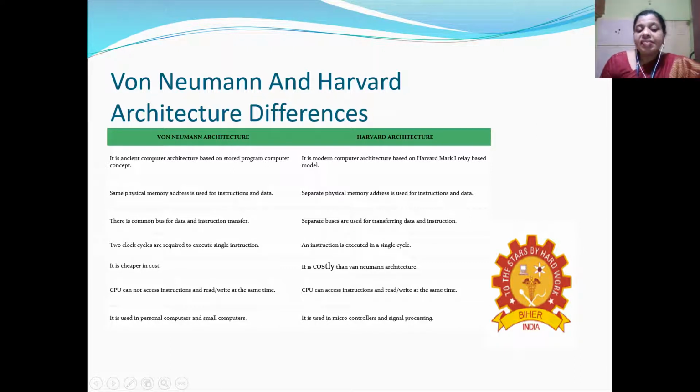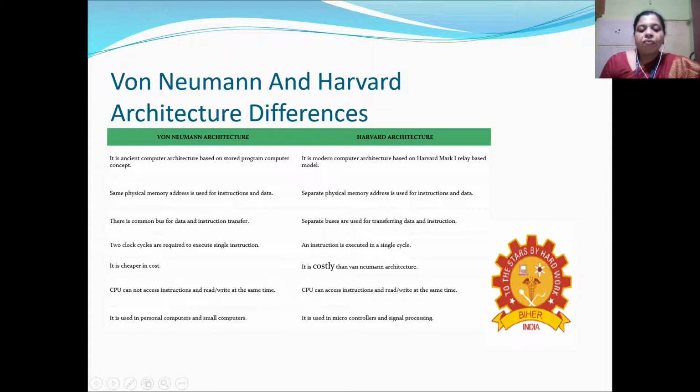For executing a single instruction, 2 clock cycles are required in von Neumann architecture, whereas in Harvard we require only 1 cycle. Regarding cost, von Neumann is cheaper, whereas Harvard is costlier.